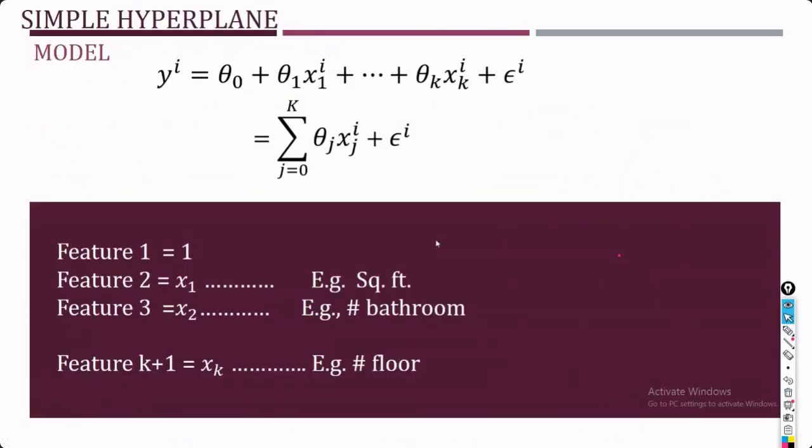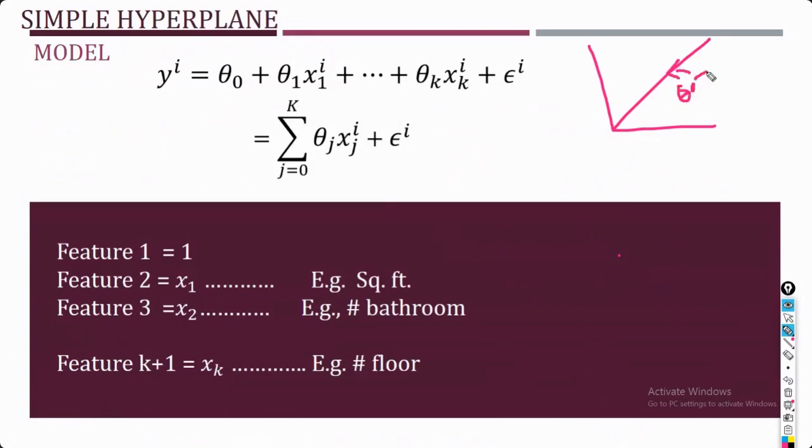Now, as I said, for your simple hyperplane, this is going to be the equation, which we have also seen in the case of simple linear regression. Suppose this is the case, and we represent this model as theta naught plus theta 1 x.